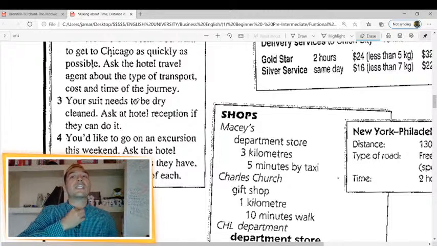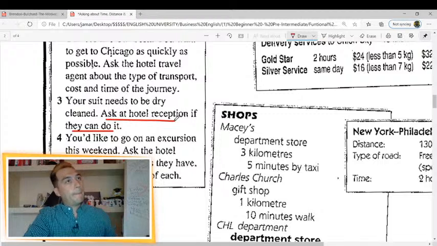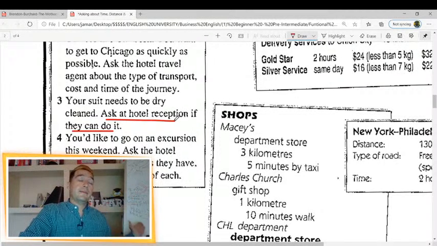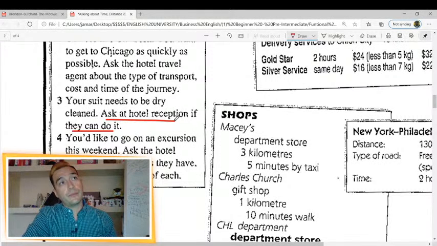The suit is the tuxedo or the wedding dress. We need to ask the hotel reception if they can do it. We have the formula. Which one do you think is the best WH?